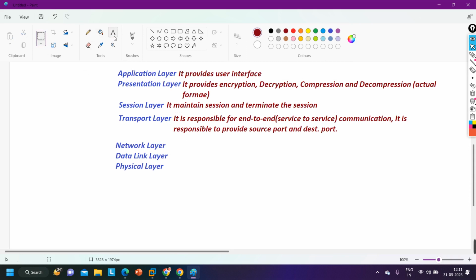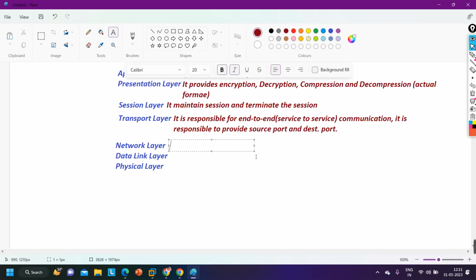Now network layer. Like the transport layer is responsible to provide the port number, the network layer is responsible to provide the logical address, that is IP address.